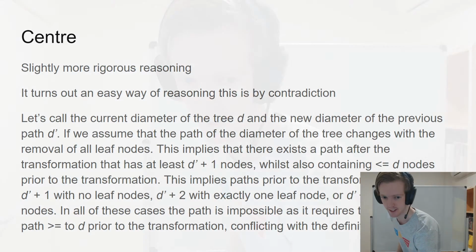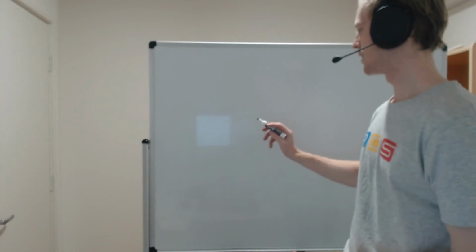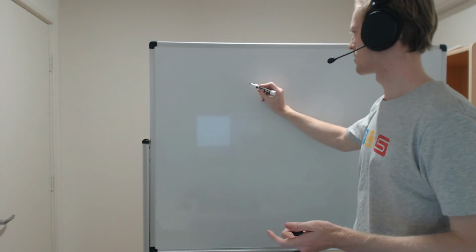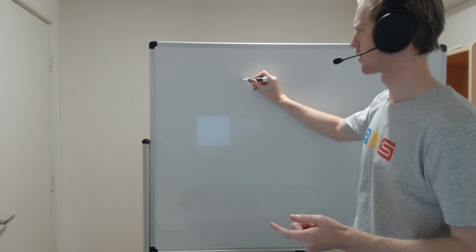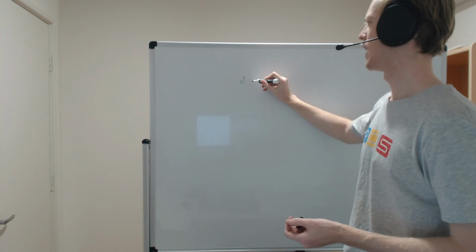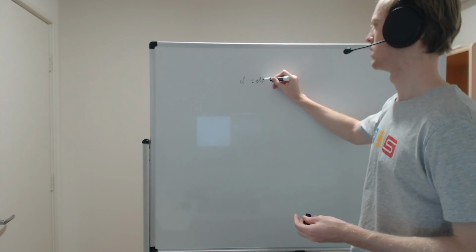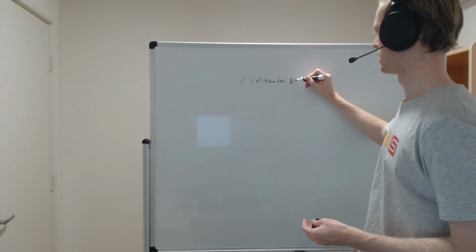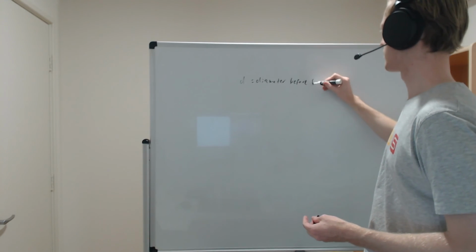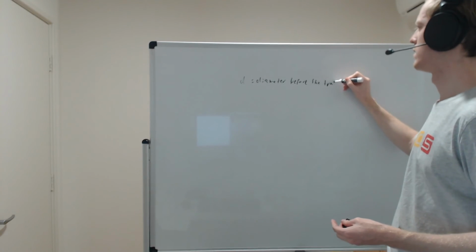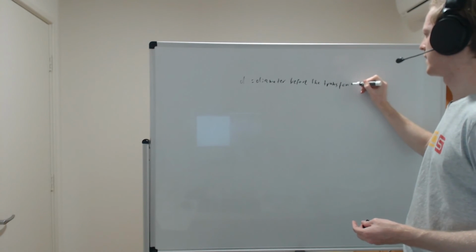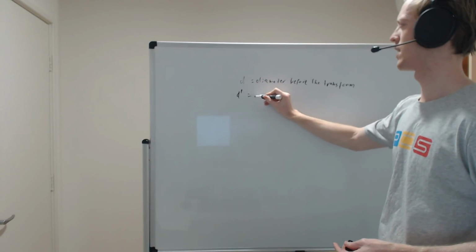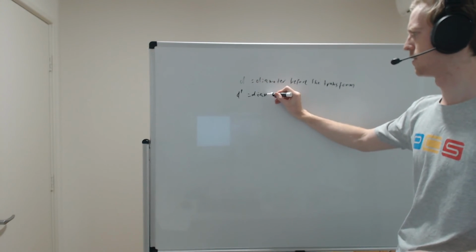Let's talk about each case in detail. What was labeled on the text was there are two values I'm going to define. d is the diameter before the transformation, and d prime is the diameter after the transformation.